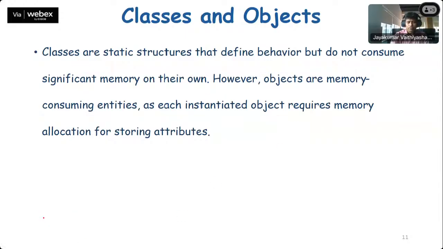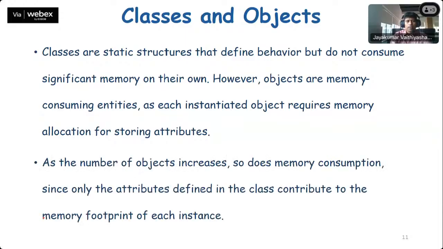In programming also, you need to be careful when you create an object and how many times you create one, because that many memory spaces need to be allocated each time. As the number of objects increases, so does the memory consumption, since the attributes defined in the class contribute to the memory footprint of each instance.